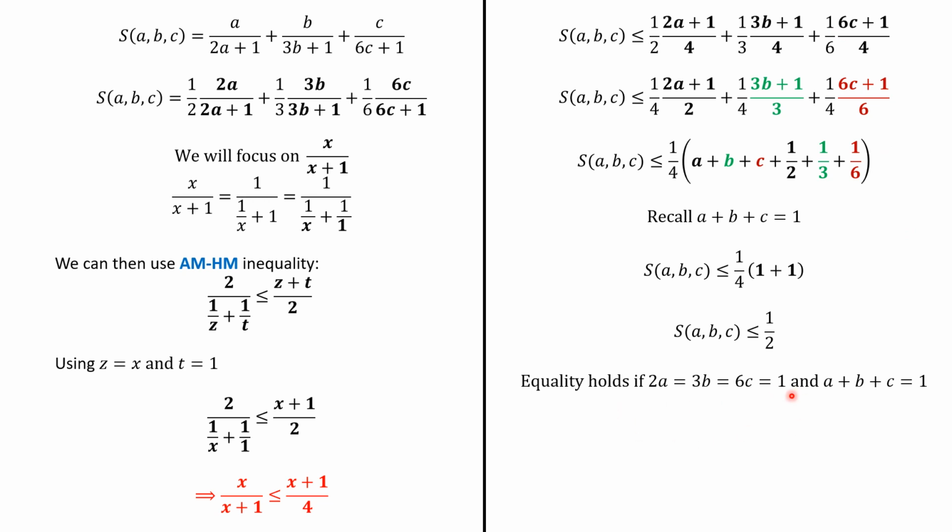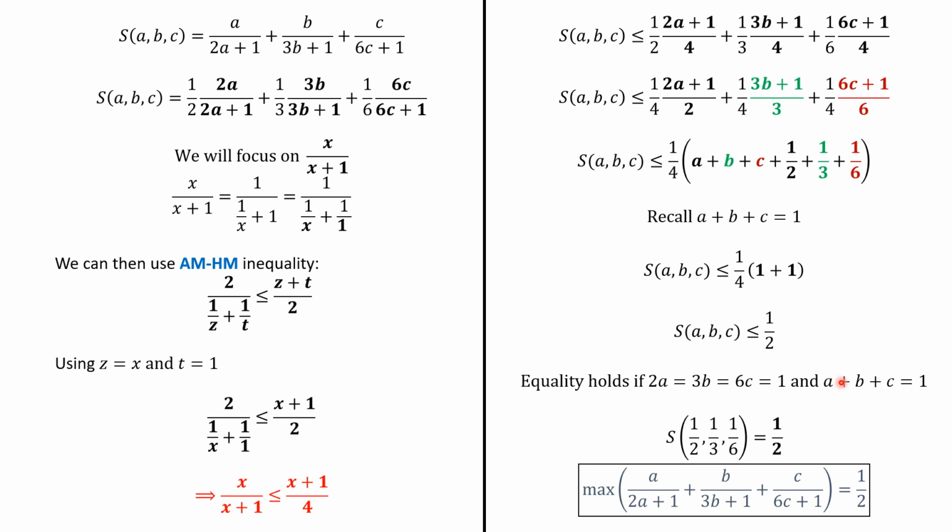Fortunately, this yields a = 1/2, b = 1/3, and c = 1/6. And the sum of these numbers is 1. So all the constraints are satisfied, and we have equality when a = 1/2, b = 1/3, and c = 1/6. So this upper bound 1/2 is reached. So the maximum we were looking for is 1/2.